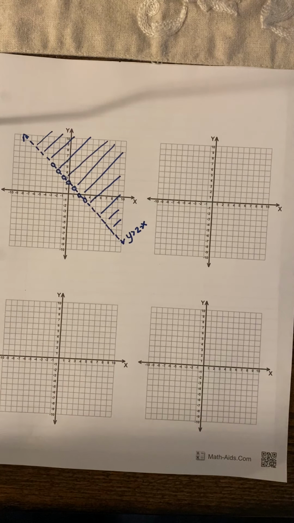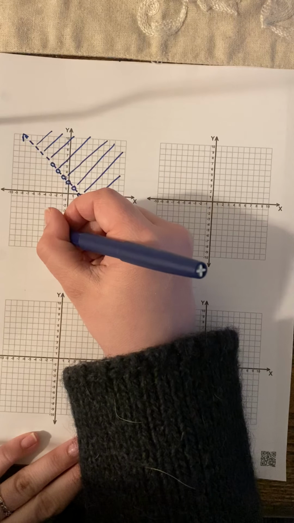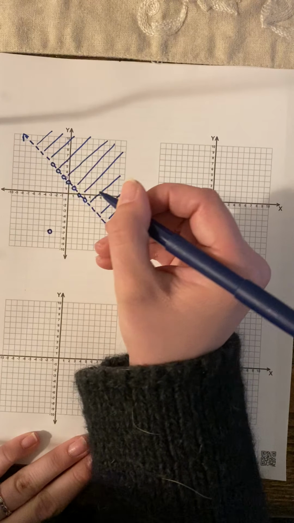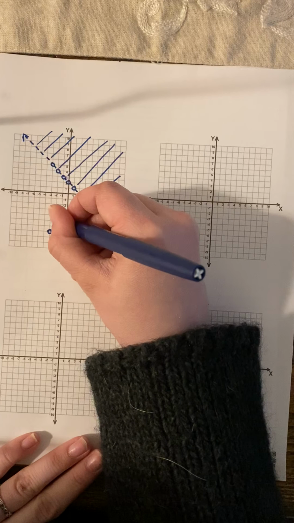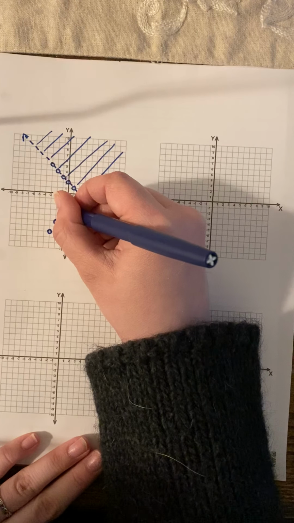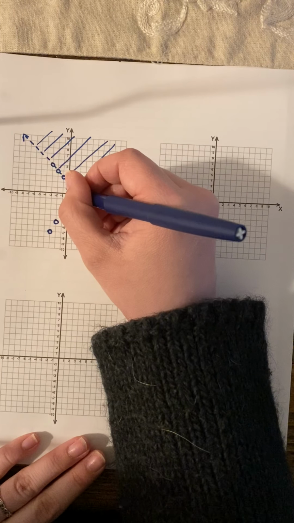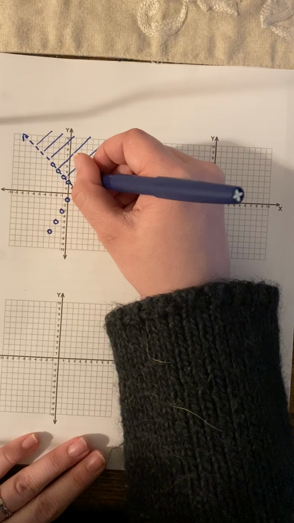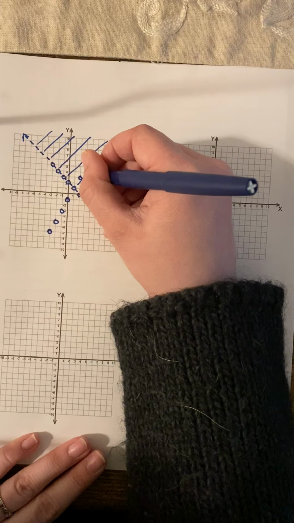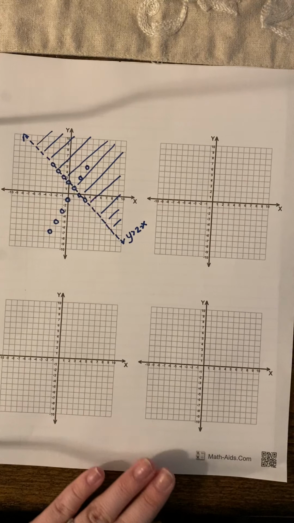All right, now we got to do the next one. -3, -7 is my first point. Remember, our circles are still open. -2, -5. Okay, we get something that looks like this.